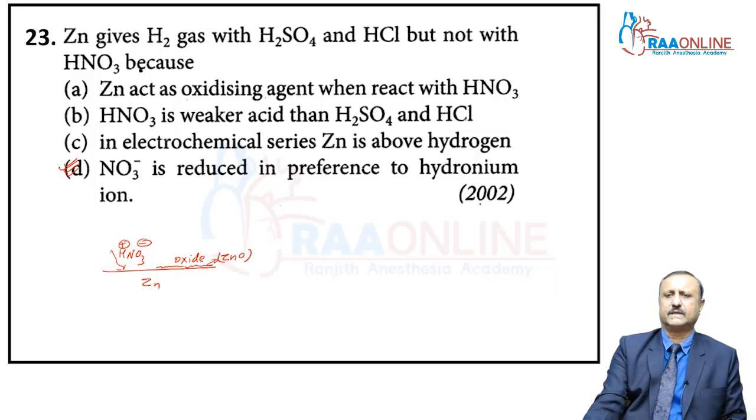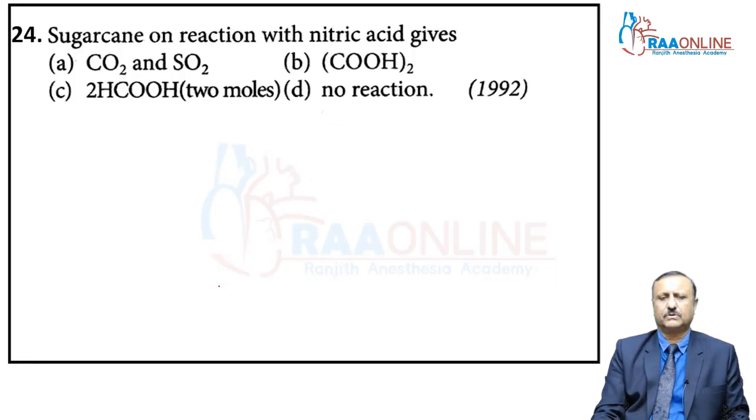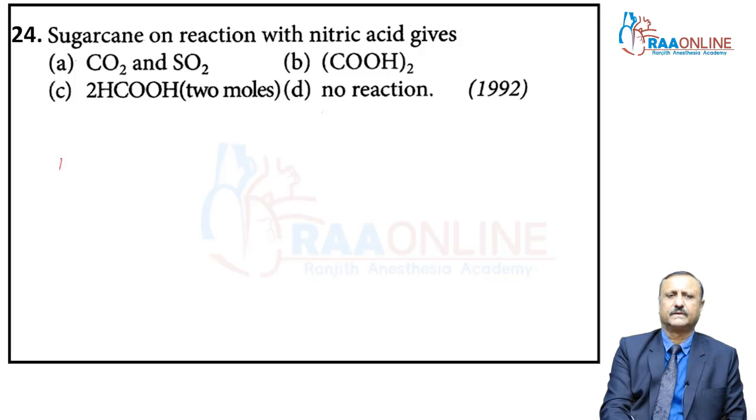This question was also asked in 2002. Now, my dear students, we can see question number 24: sugarcane on reaction with nitric acid. Here, if you know the reaction, then you can solve this question. Sugarcane means sucrose. The molecular formula of sucrose is C12H22O11.